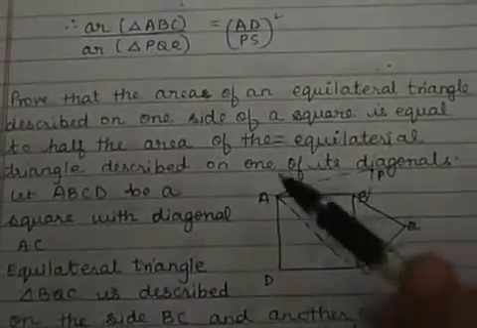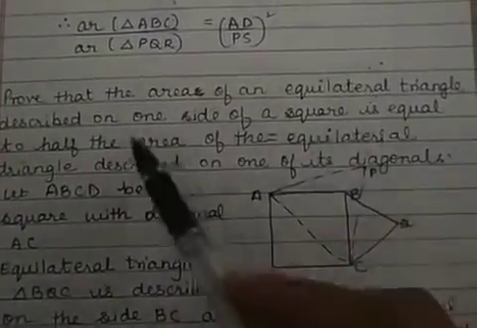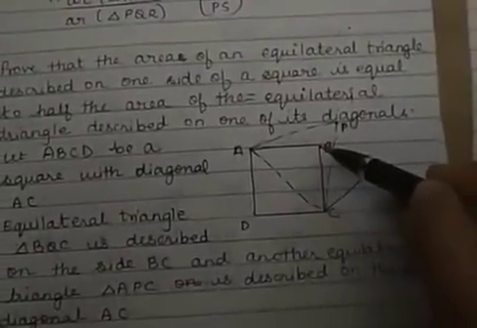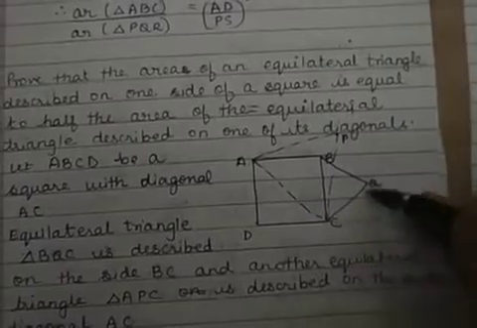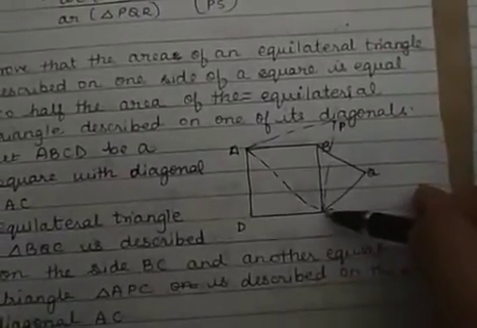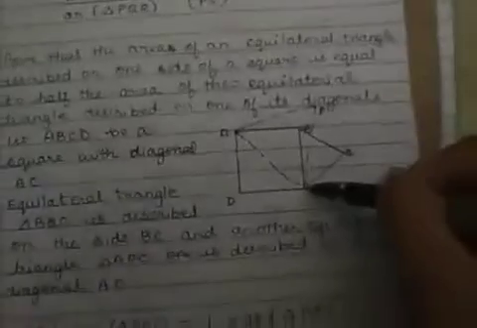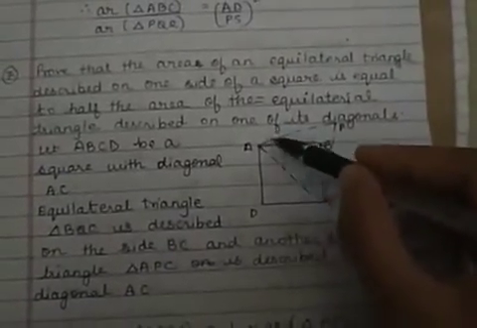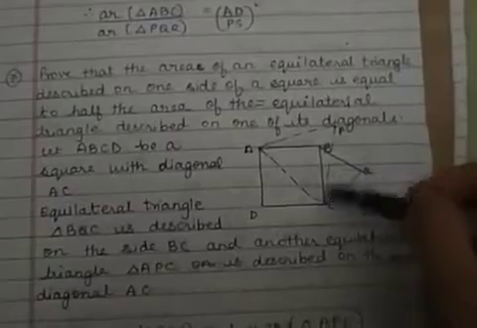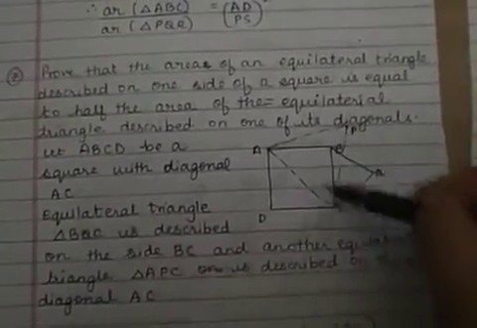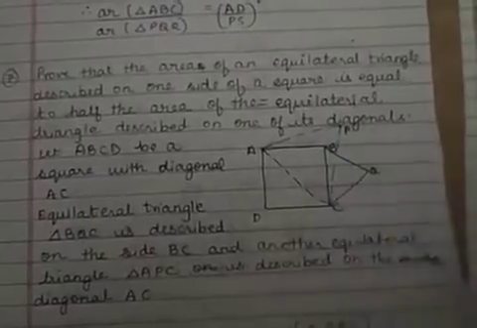Now, the equilateral triangle described on one side of the square: let BQC be the equilateral triangle described on the side BC, and let APC be the equilateral triangle described on the diagonal AC.